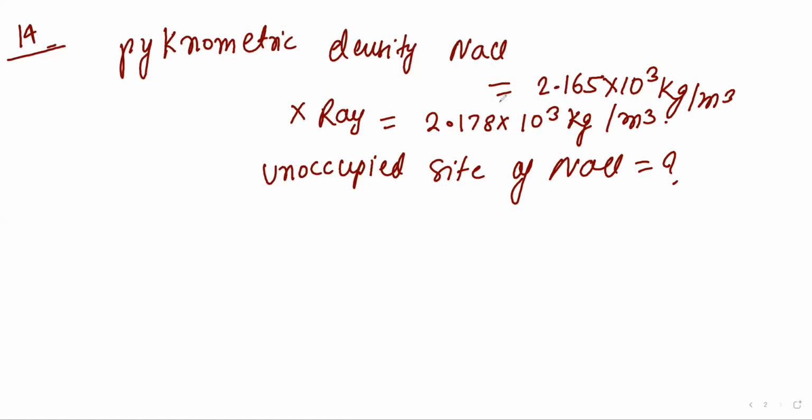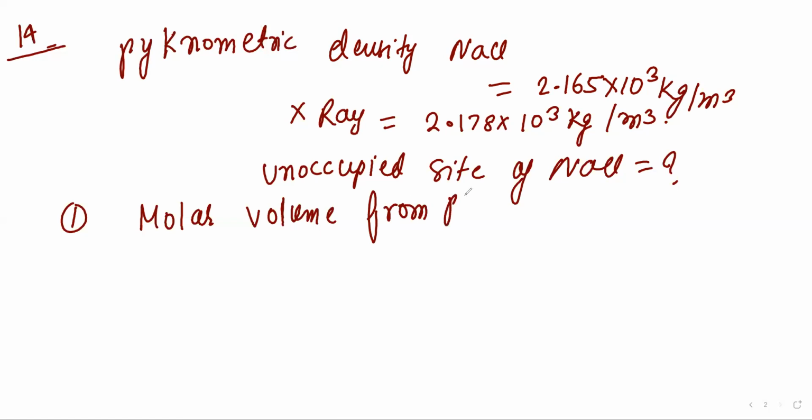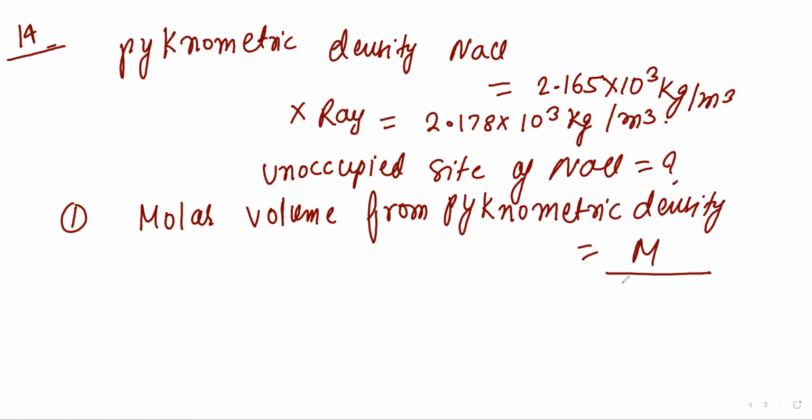So look at the explanation now. So write the first explanation. The molar volume from the pycnometric density will be given as capital M upon 2.165 × 10^3 meter cube.